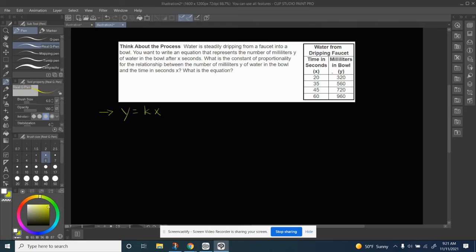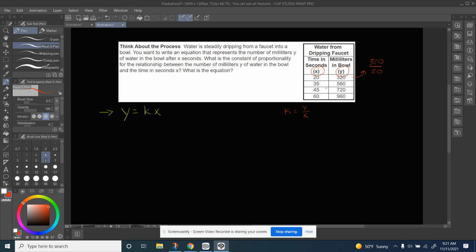So they give us this table, and they are so nice because they already labeled for us that we have an x value and we have a y value, and we know that k equals y divided by x. So we can actually fill this out already. If I take this particular portion here, we're going to take 320 and divide that by 20, because it's 320 milliliters divided by 20 seconds.